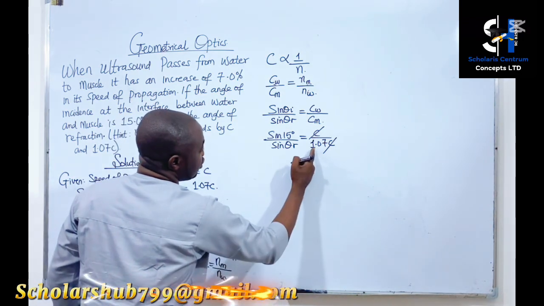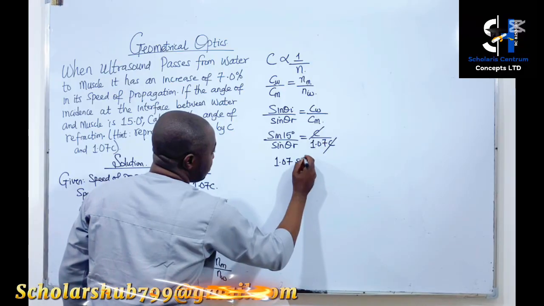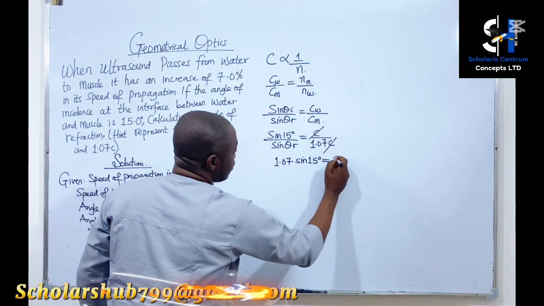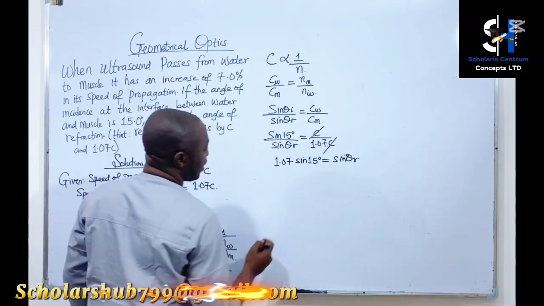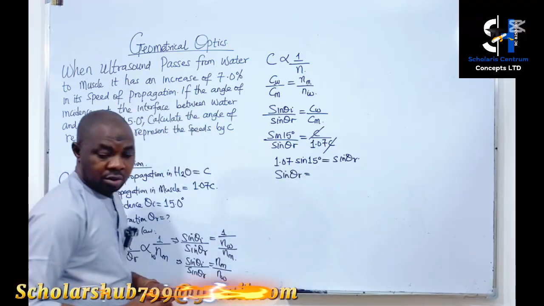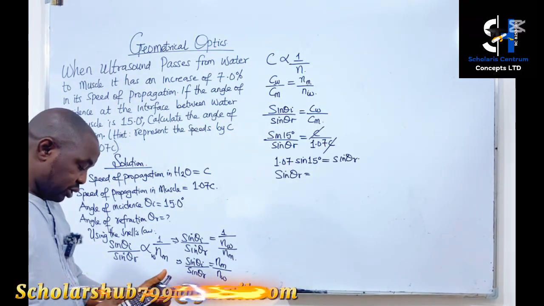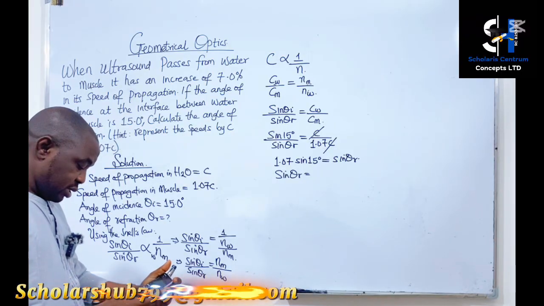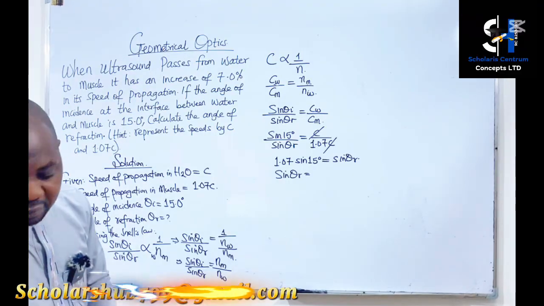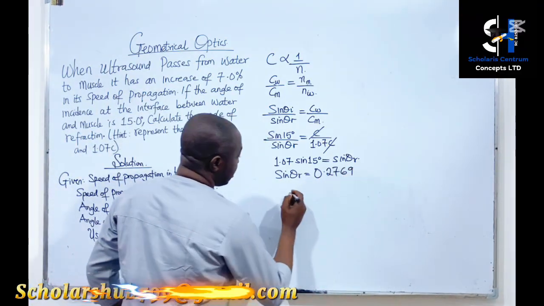We are left with 1.07 multiplied by sine 15 degrees equals the sine of the angle of refraction. So the sine of the angle of refraction equals 1.07 multiplied by sine 15 degrees, which is 0.2769.